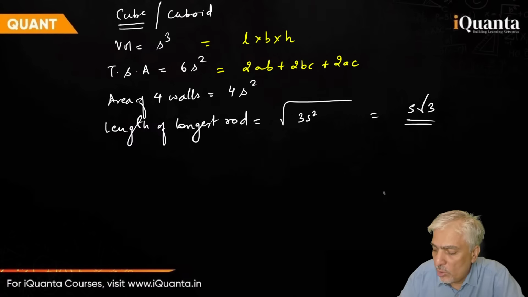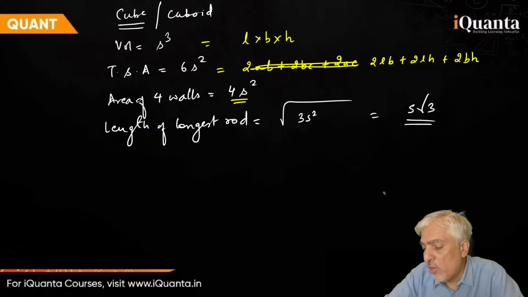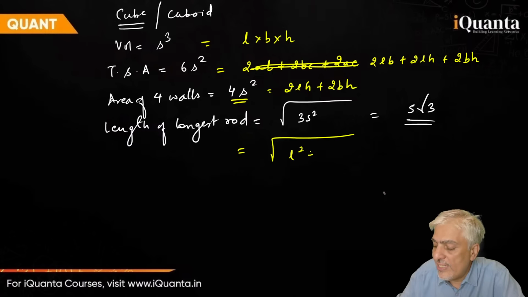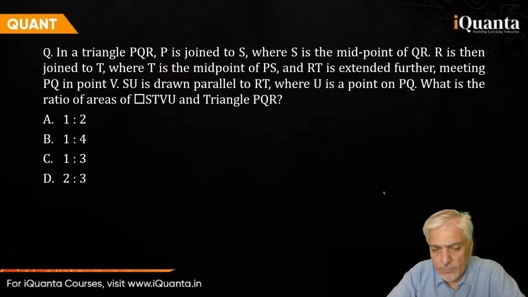Or if you want to talk about it in terms of length and breadth, 2LB plus 2LH plus 2BH. Area of 4 walls, 2LB will not come. Length into breadth is the base and the top. So you'll have 2LH and 2BH. And the longest rod will be square root of L square plus B square plus H square. Okay, so that was if it was cuboid.